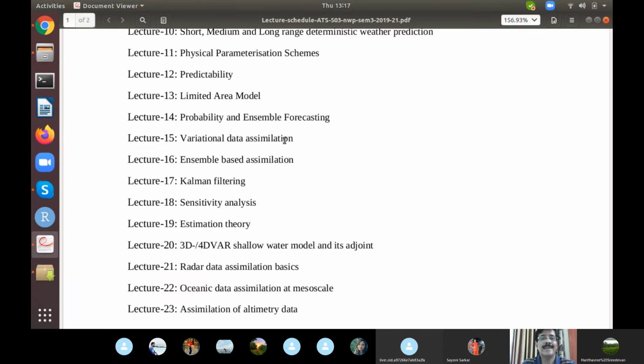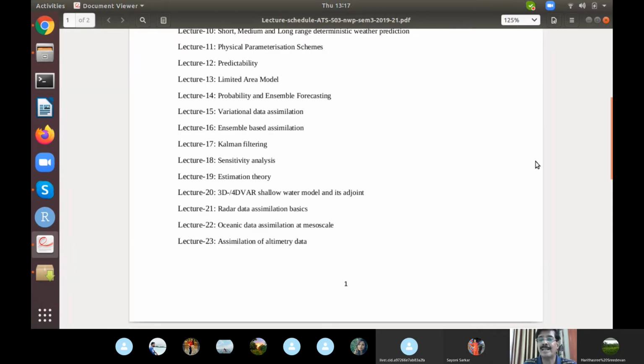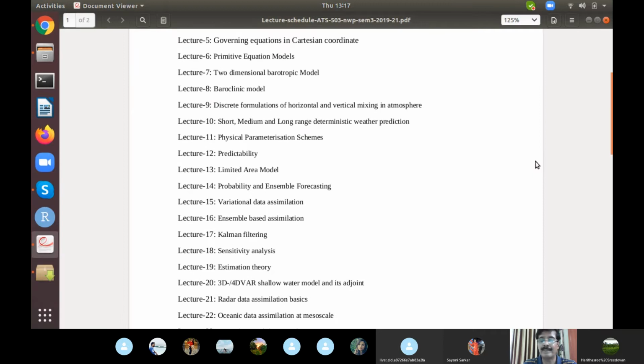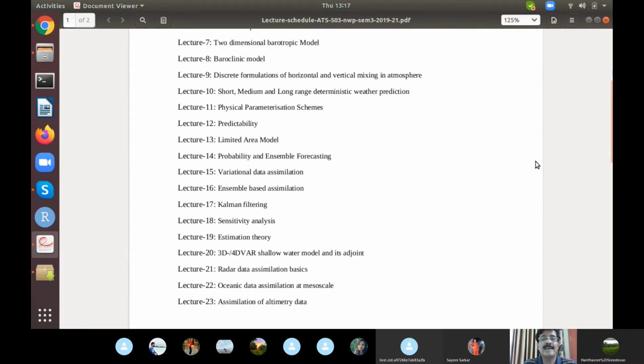Or lecture 11, the physical parameterization schemes, this one lecture will actually take at least 7, 8 or 10 lectures. So even though the schedule shows about 22, 23 lectures, it will become quite large, maybe 40, 45 lectures in total. So this is how I have planned.